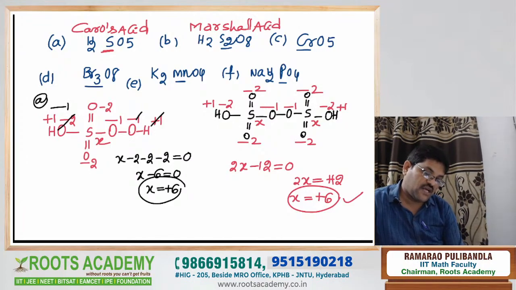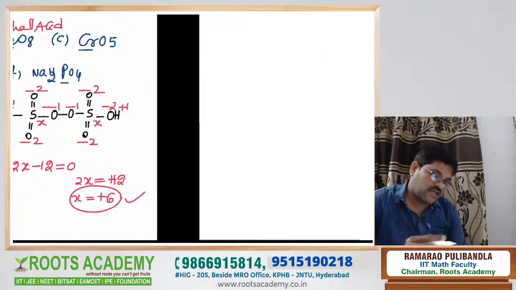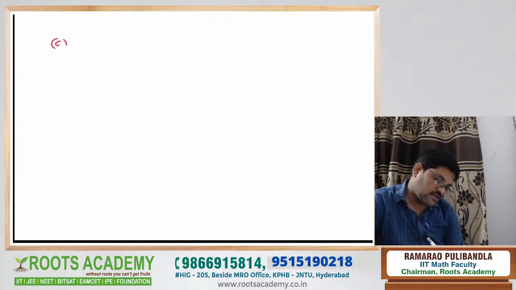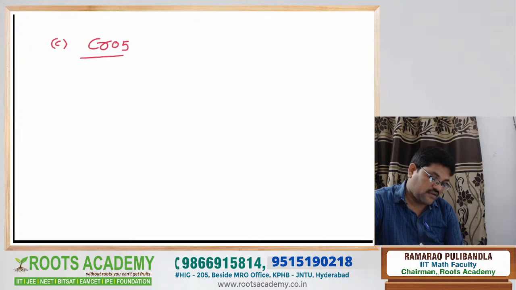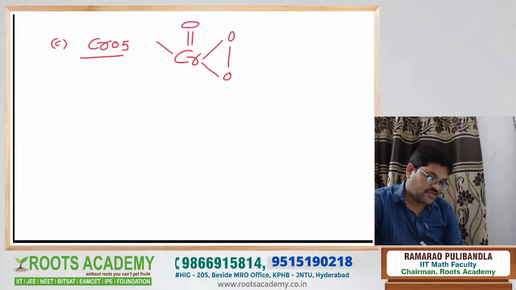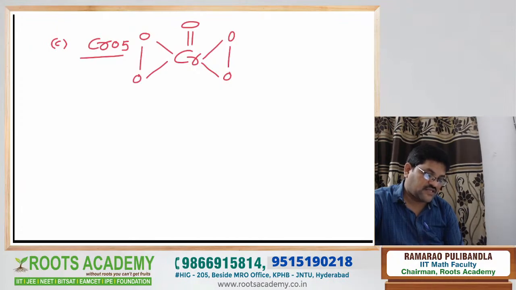Come to the CrO5. What is CrO5? Chromium peroxide. Now chromium peroxide has a butterfly structure. The adjacent O linkages are called peroxy bonds.